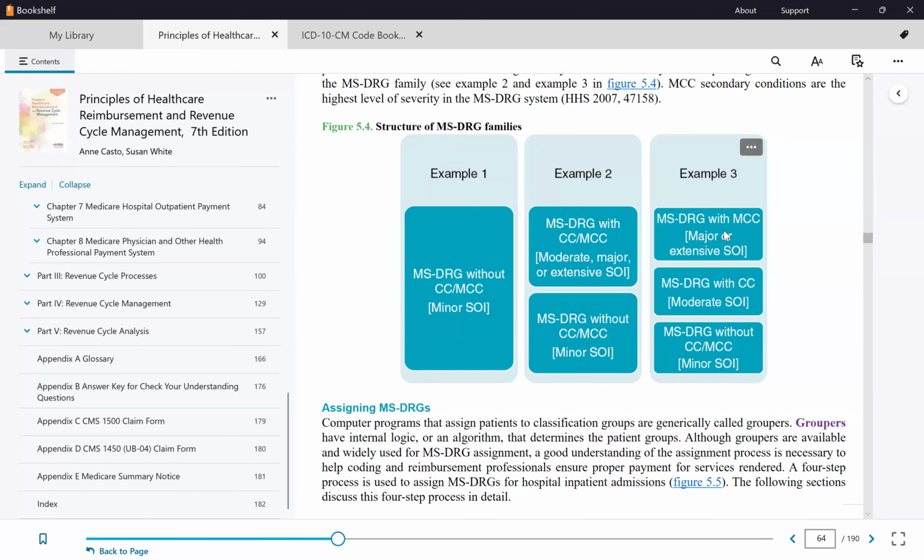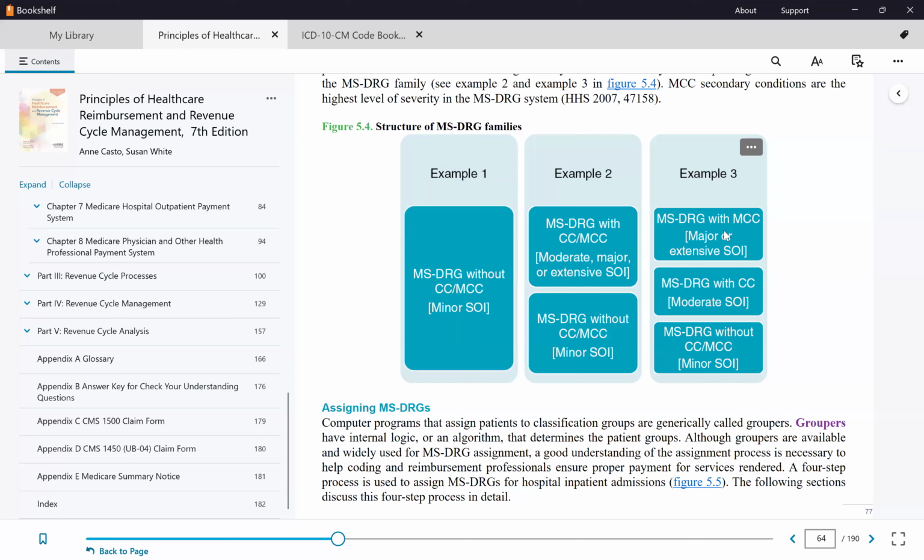They give you a nice example of this in Figure 5.4. Example 1 is an MSDRG which doesn't have any complication, comorbidity, or major complication or comorbidity. Example 2, we have a complication, comorbidity, major complication, comorbidity. So you can think of the patient as sicker, therefore in need of more resources, more tests, more nursing care, all of that.